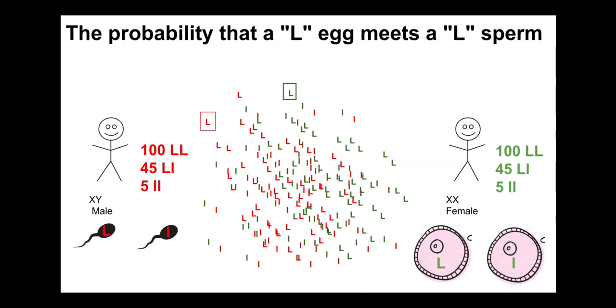So, for example, based on the frequency of big L sperm and big L eggs, we can calculate the probability that in our theoretical gene pool, a big L egg meets a big L sperm. Now, this is a theoretical gene pool, but if other evolutionary forces are not occurring and mating is random with respect to this gene, then this extrapolation, this theoretical gene pool, is more or less how population genetics plays out even in real populations.